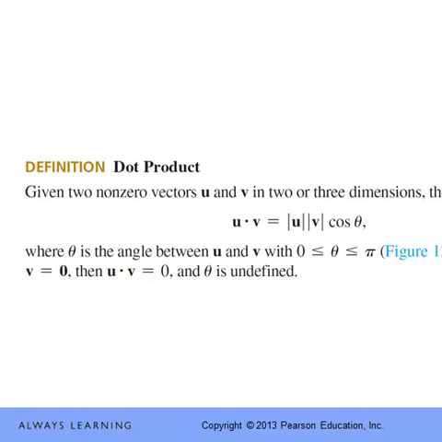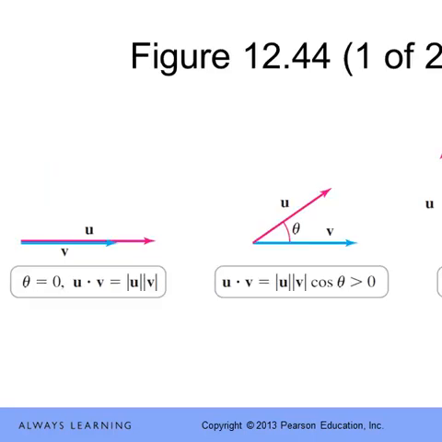And we generally understand that the angle between the two vectors is somewhere between 0 and pi. Here's how we can have this discussion of what the dot product looks like. If u and v are pointing in the same direction, they're parallel, then the dot product is nothing more than the product of the magnitudes. If the angle between u and v is acute, but positive, what does acute mean? Somewhere between 0 and 90 degrees, yeah.